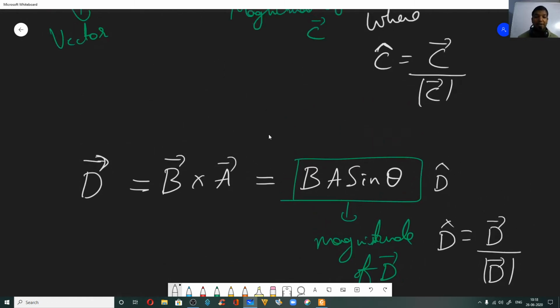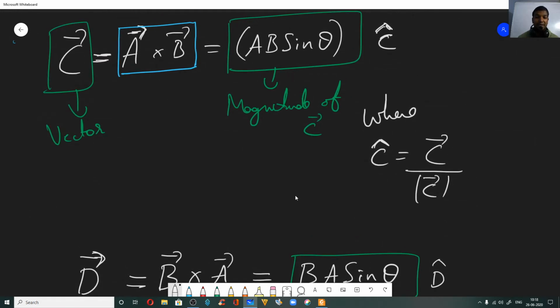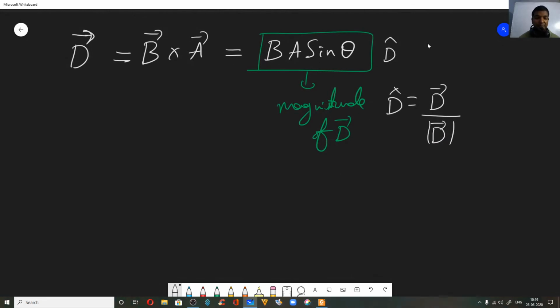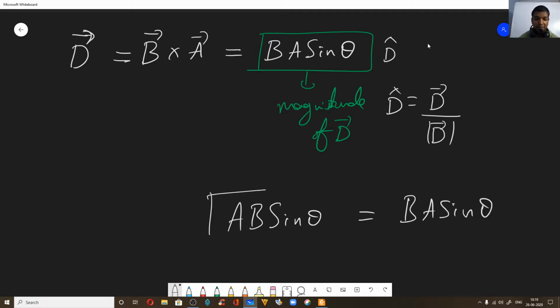Now if you observe A cross B and B cross A, the magnitude of A cross B, what did we get? AB sine theta. The magnitude of B cross A is BA sine theta. We are just speaking in terms of the magnitude, so AB sine theta is equal to BA sine theta. There is no doubt about it. This is always true.